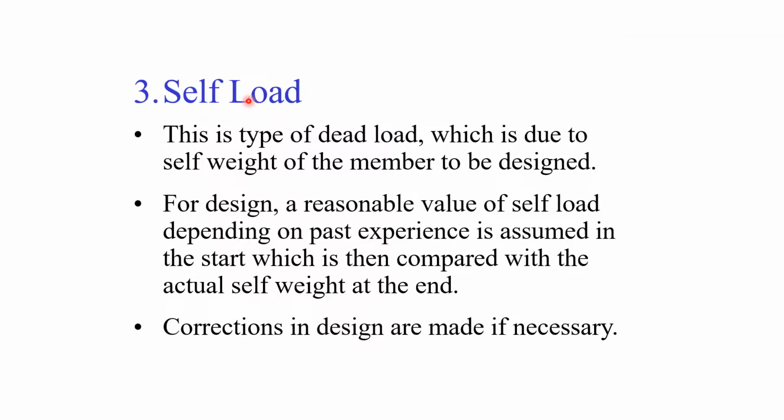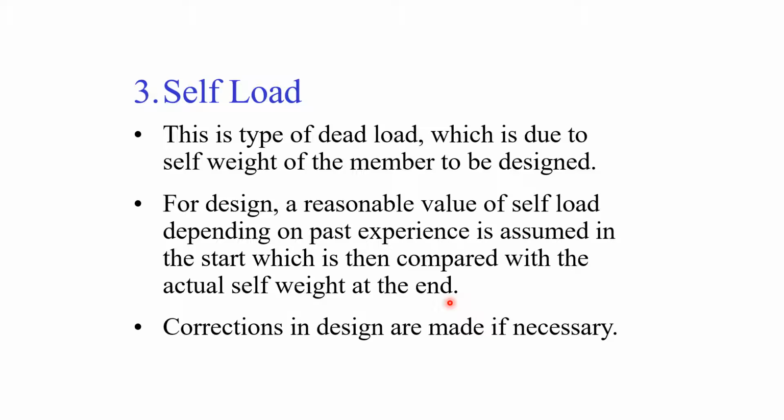Self load. It is a subtype of dead load, which is due to the self weight of the member to be designed. For design, a reasonable value of self load depending upon past experience is assumed at the start, which is then compared with the actual self weight at the end of the design. For example, for the calculation at the start we assume some self weight, and after designing, when we get the actual section, we compare what the weight of the actual section is.